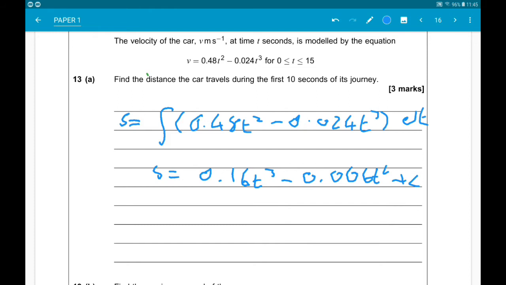So we know that when t is 0, S is 0, which means C is 0.